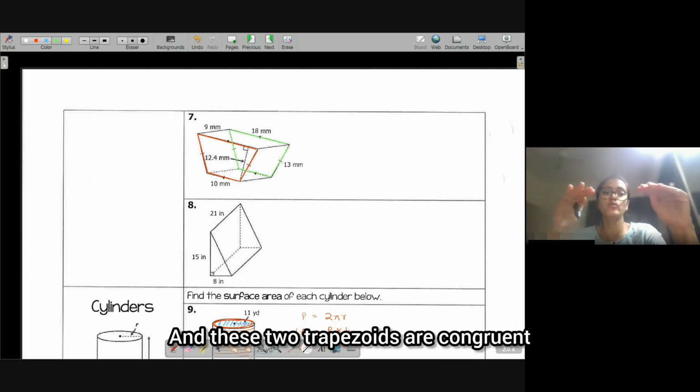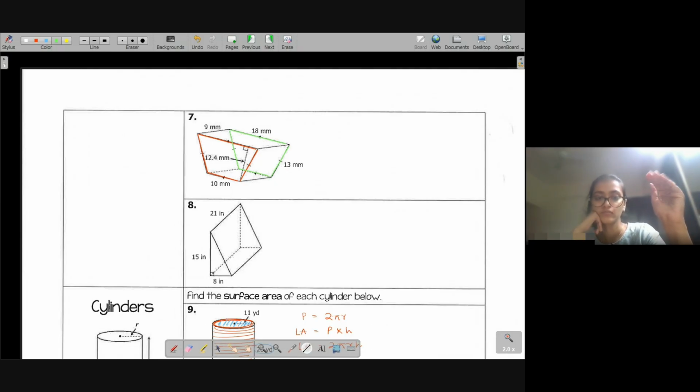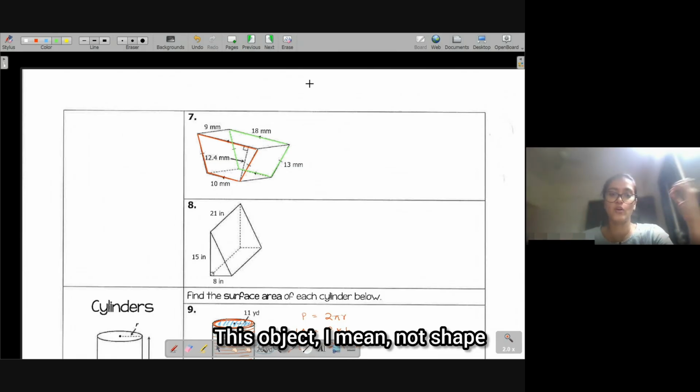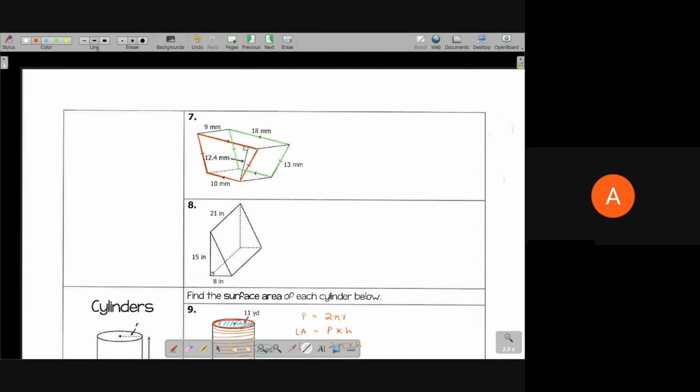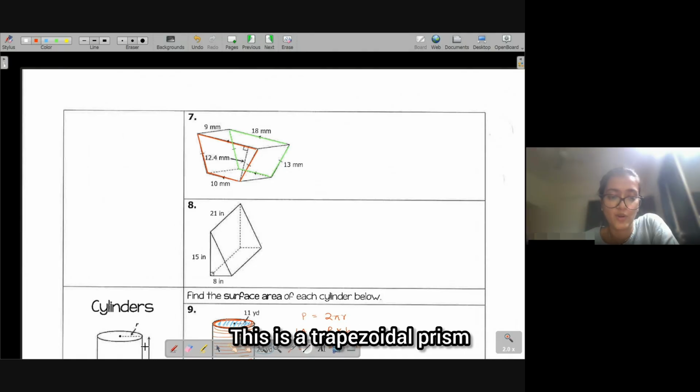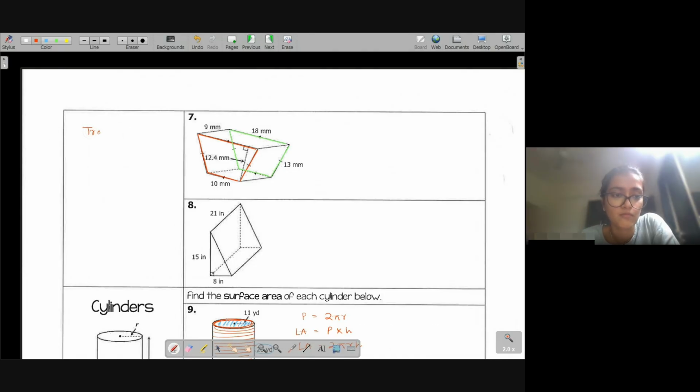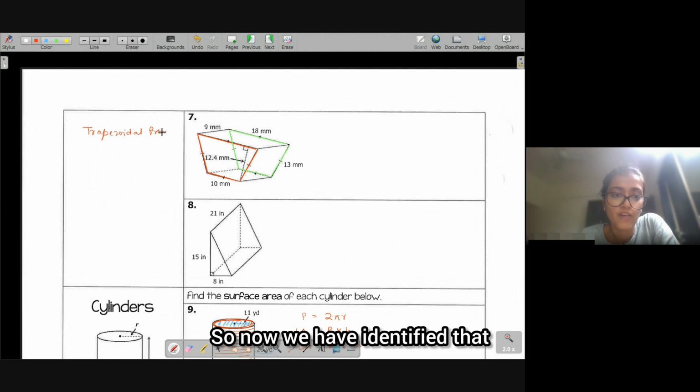And these two trapezoids are congruent. Can you imagine this object? So what kind of prism is this? This is a trapezoidal prism.